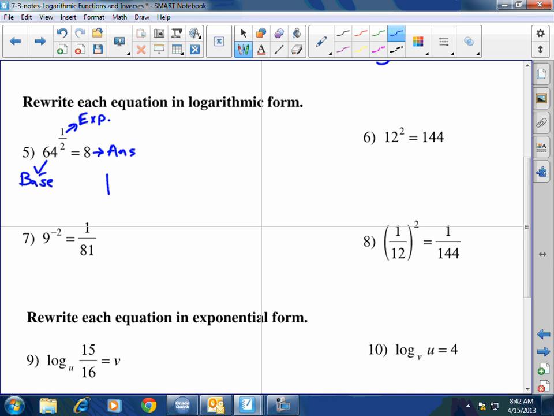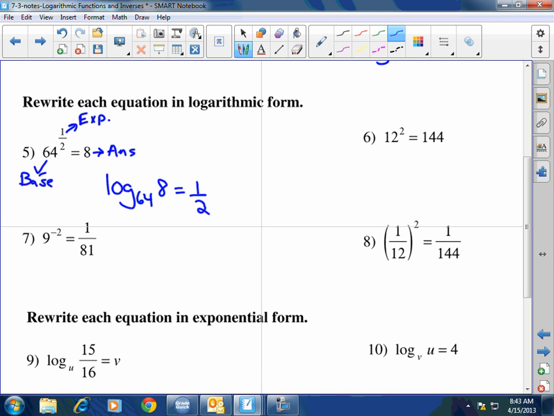So, log base B, answer, exponent. And if you guys look at it, it does make sense, because the square root of 64 equals 8. Does that make sense, guys? Okay.